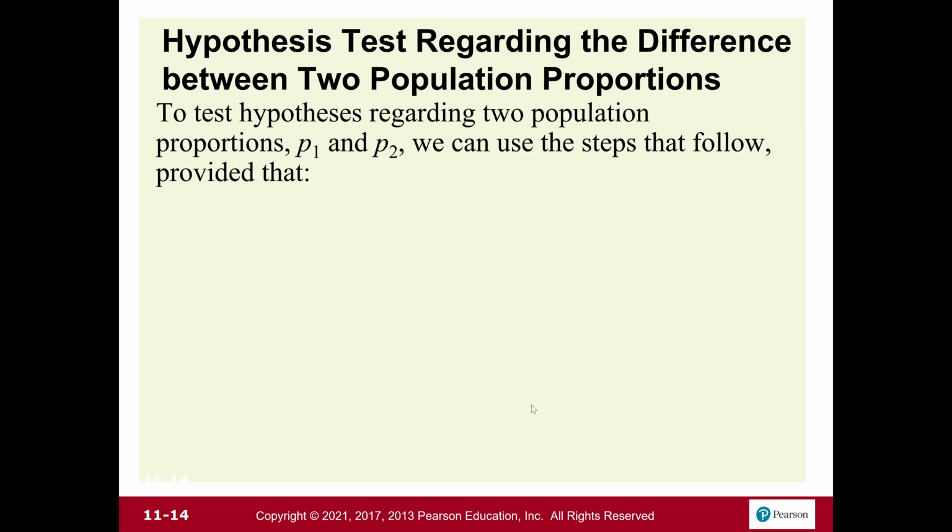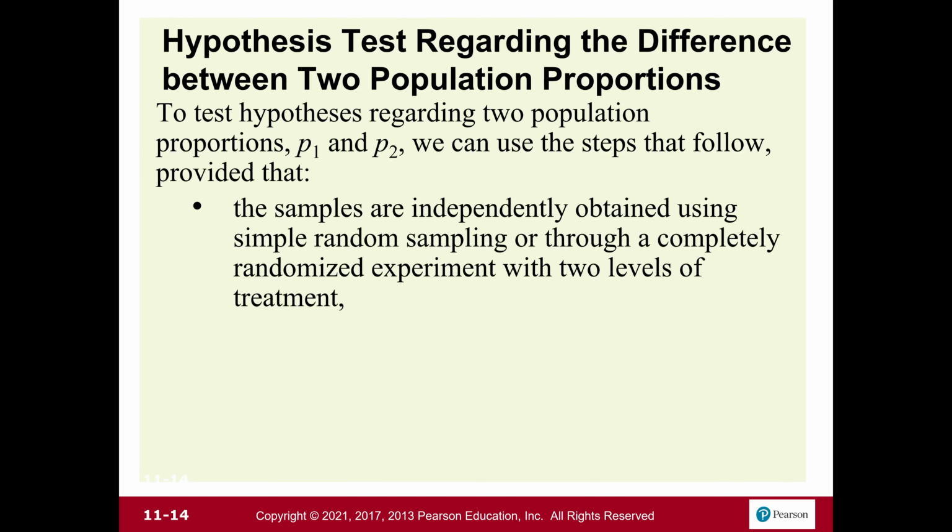Hypothesis test regarding the difference between two population proportions. To test hypotheses regarding two population proportions p1 and p2, we can use the steps that follow, provided that the samples are independently obtained using an SRS or through a completely randomized experiment with two levels of treatment.